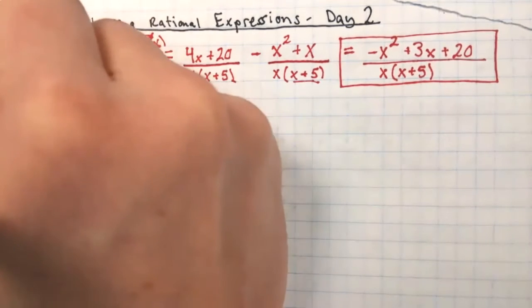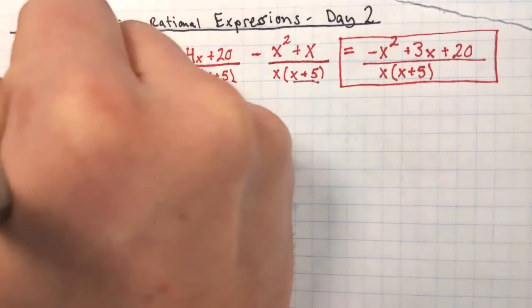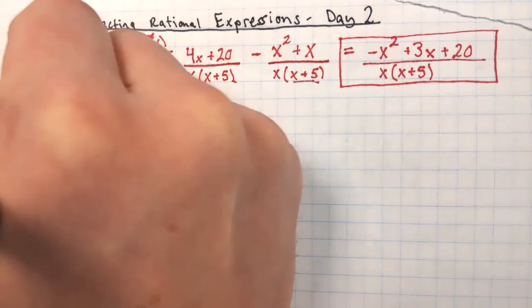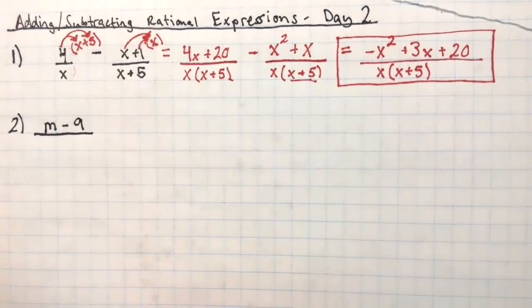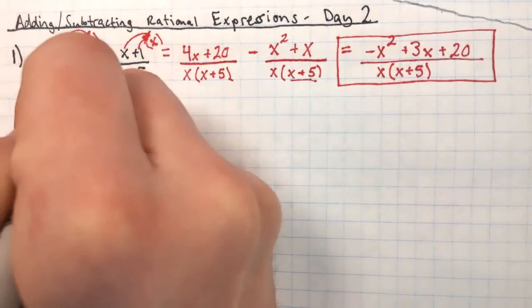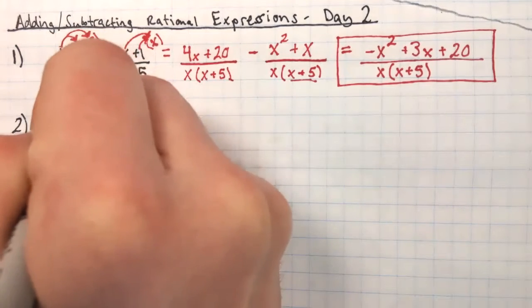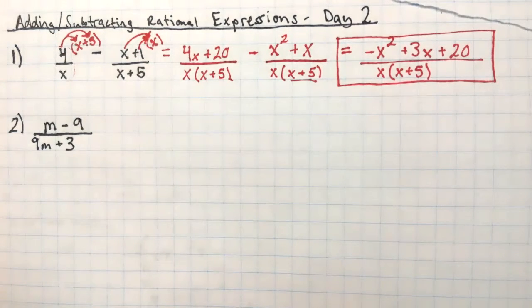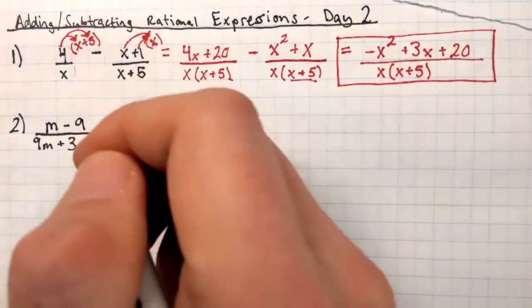It's good for you. Let's switch it up. Keep it fun. Instead of x, let's do m minus 9 divided by 9m plus 3. And let's add this time instead of subtracting.